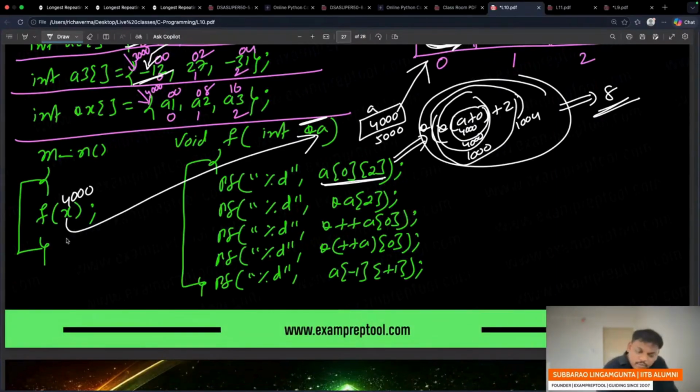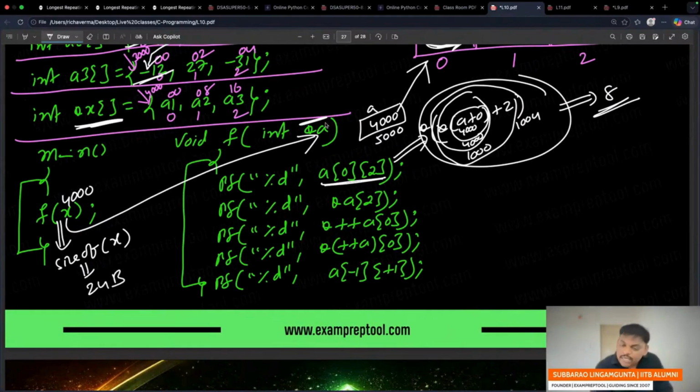Can you tell me what is the size of this person? Remember, size of X. Size of X, if you observe, everyone is 8 bytes, 3 times 8 is 24 bytes. But size of A, being one pointer variable, is simply 8 bytes.